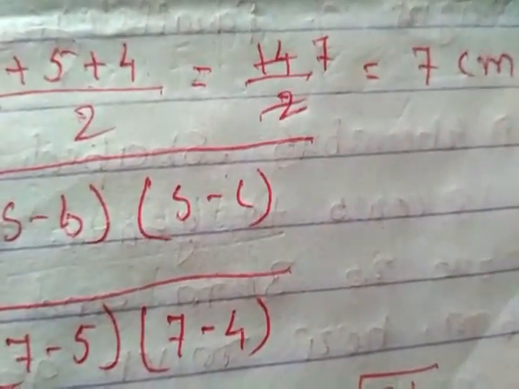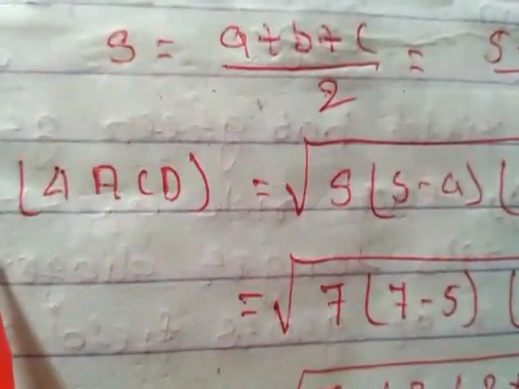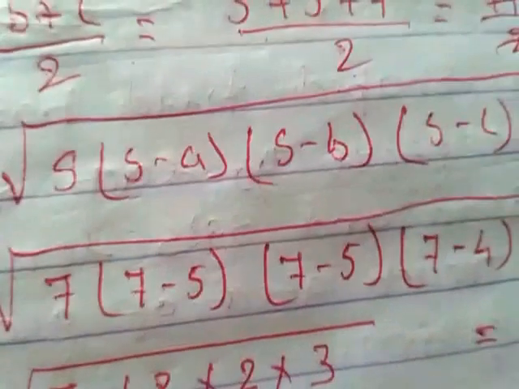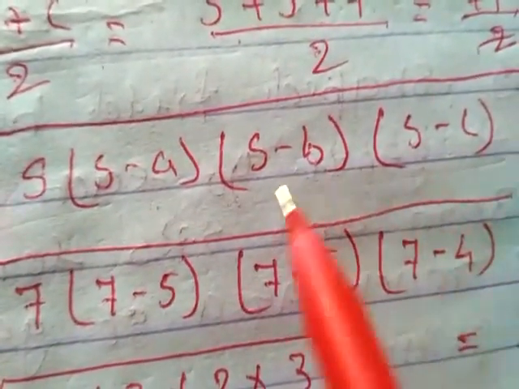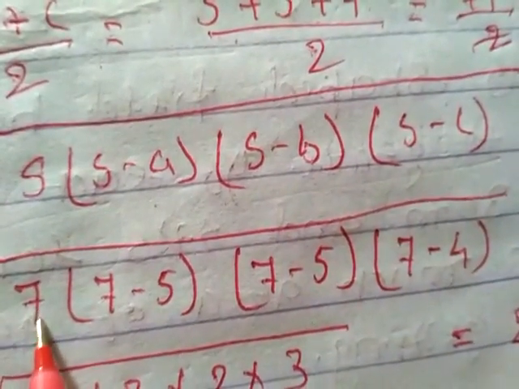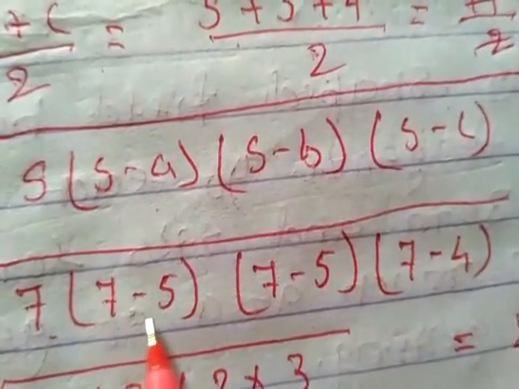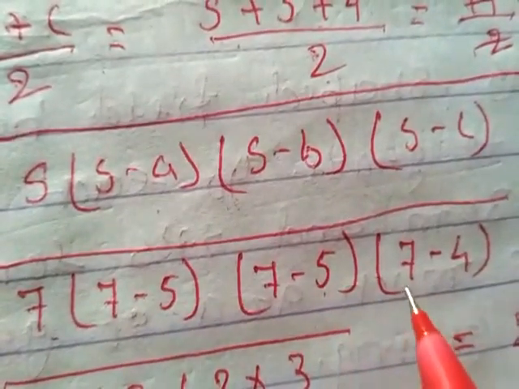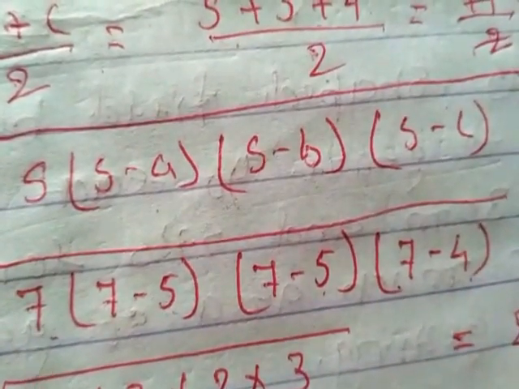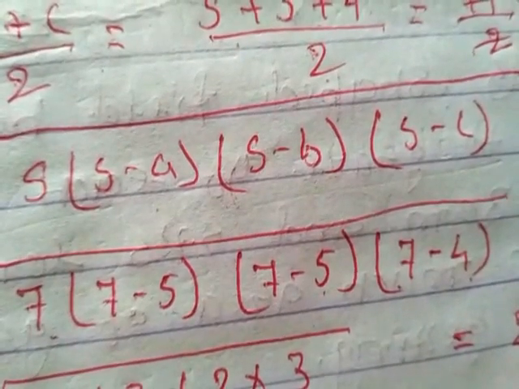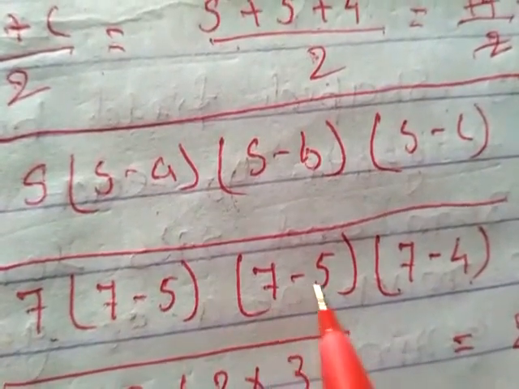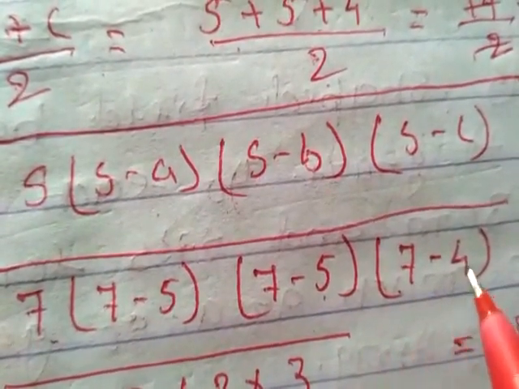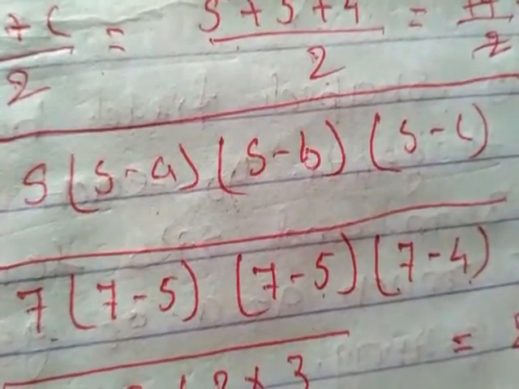Now for the area of triangle ACD, we have the square root of S into (S minus a) into (S minus b) into (S minus c). We have the value for S is 7. So 7 into (7 minus 5) into (7 minus 5) into (7 minus 4). On simplifying this, we have 7 into 2 into 2 into 3.